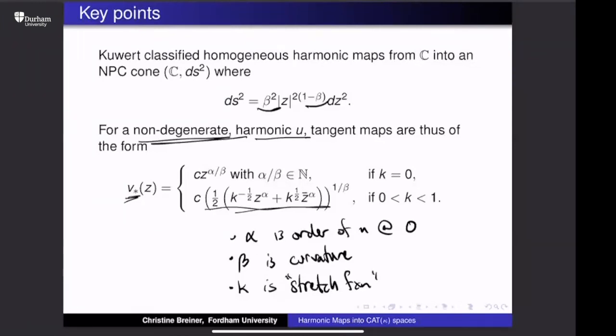And all three of these are independent of the tangent map. Because tangent maps are not unique, we need things that are independent of the tangent map. So we relate this alpha over beta to the winding number, and that's what's going to let us get at the fact that the branch set is discrete.